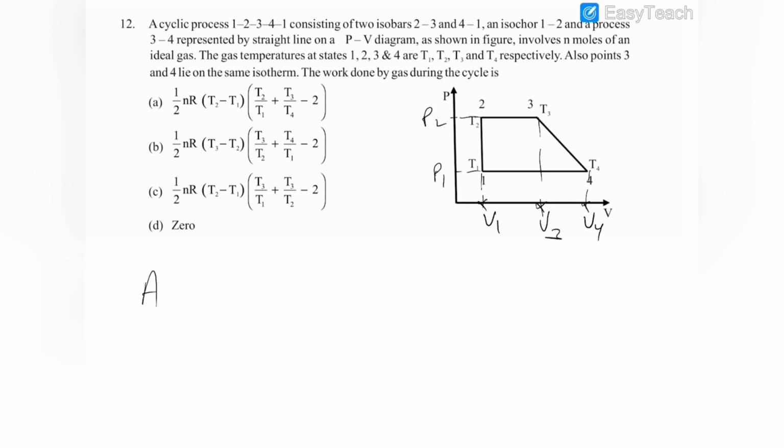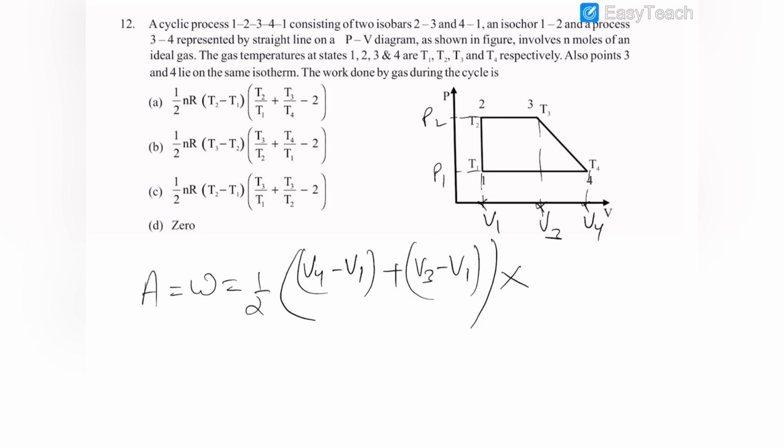So the area will be the work done. This is a trapezium, so the area of a trapezium is half the sum of parallel sides. So the sum of parallel sides would be V4 minus V1 plus V3 minus V1, multiplied with height, which is P2 minus P1.